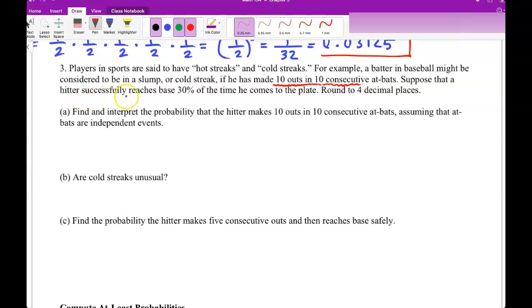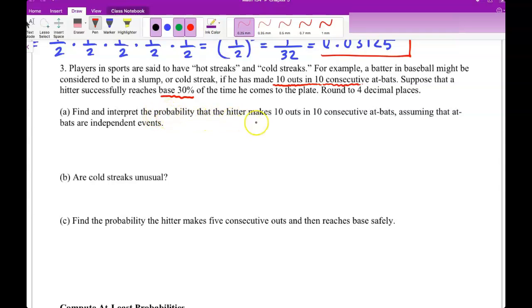Suppose that the hitter successfully reaches base 30% of the time he comes to the plate. Round to 4 decimal places.